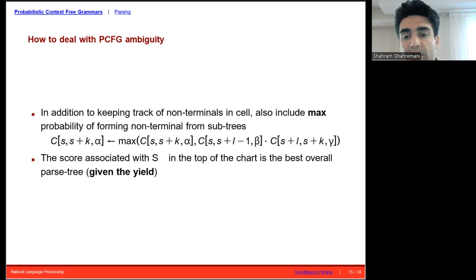And now we parse the sentence as before, and we take a look at the entry associated with the start symbol at the top of the chart. And that gives us the parse tree with the highest overall probability given the yield. And like before, we need to have back pointers so that we can recover the actual parts of the sentence.